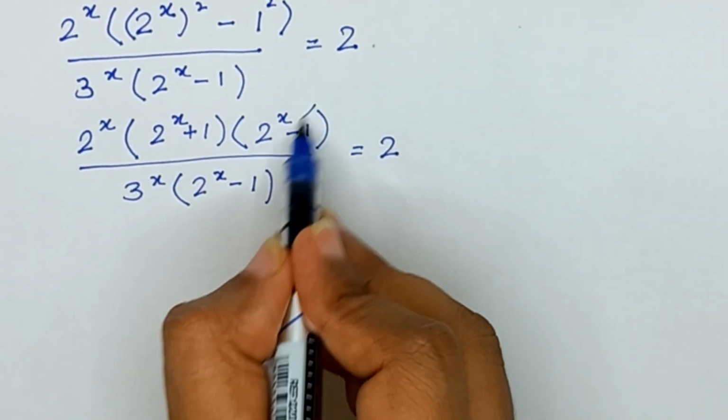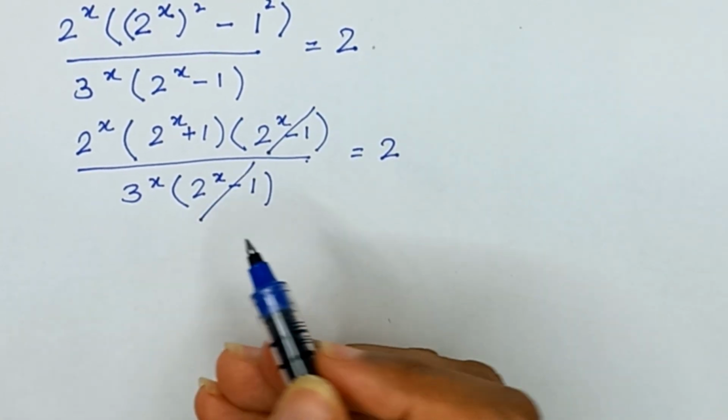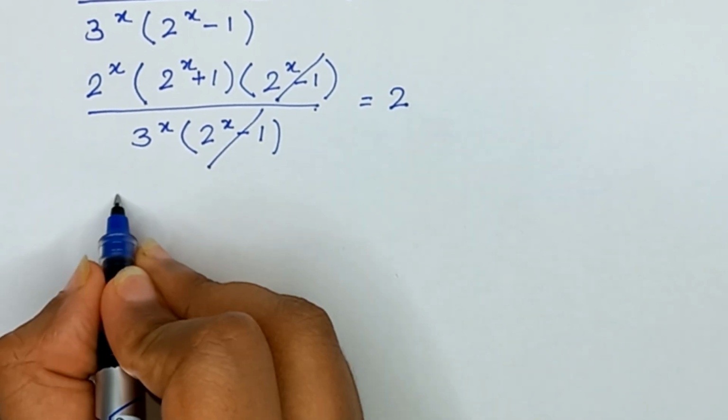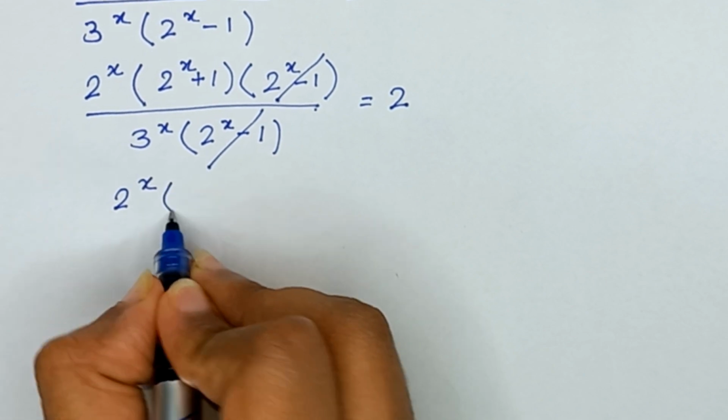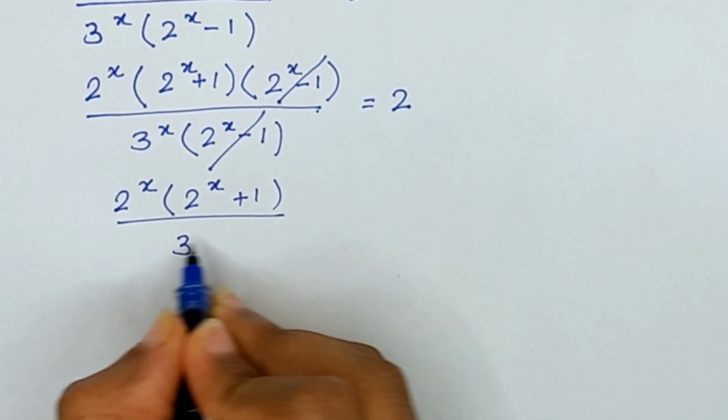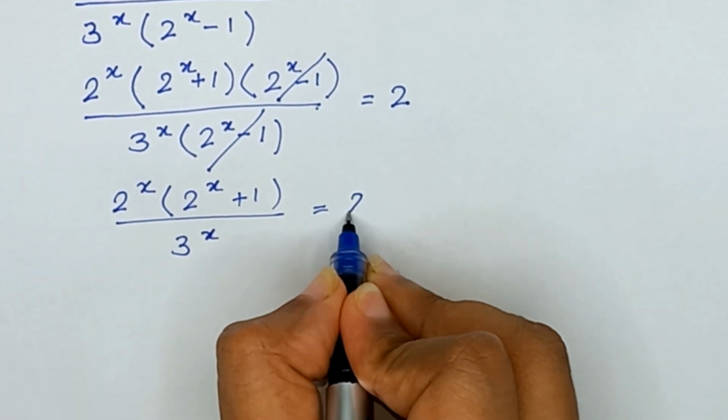Now this 2 raised to the power x minus 1 and this 2 raised to the power x minus 1 will be cancelled out, and we have here 2 raised to the power x times (2 raised to the power x plus 1), divided by 3 raised to the power x, and it is equal to 2.